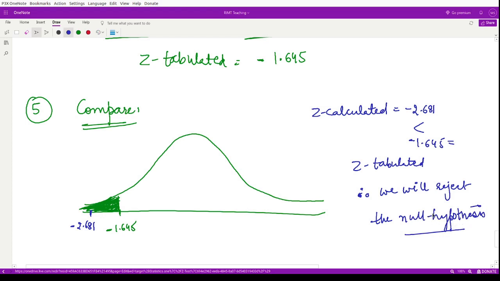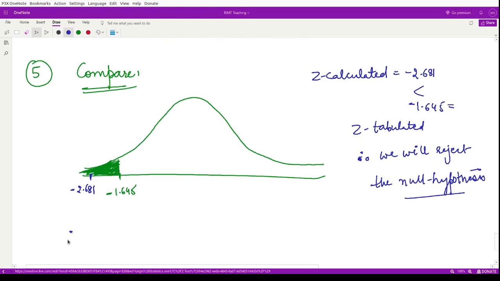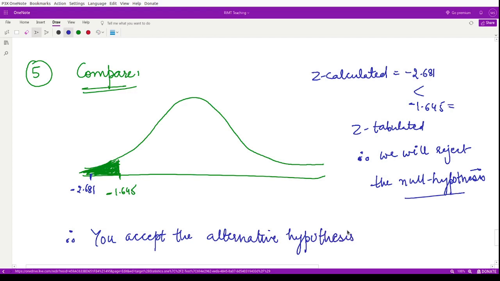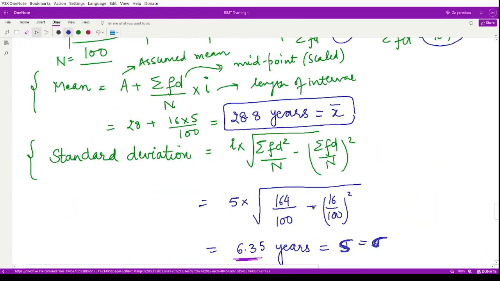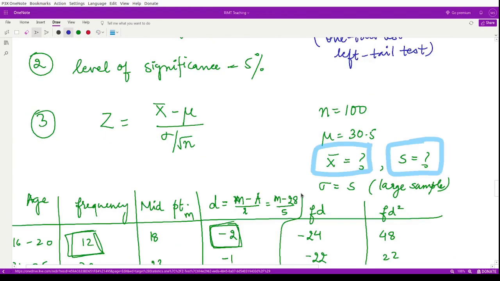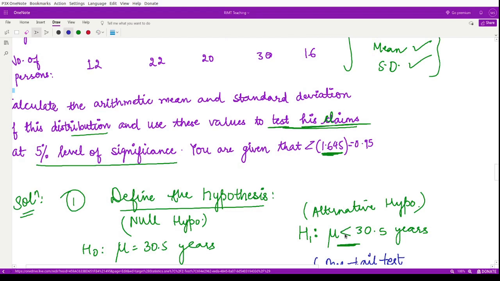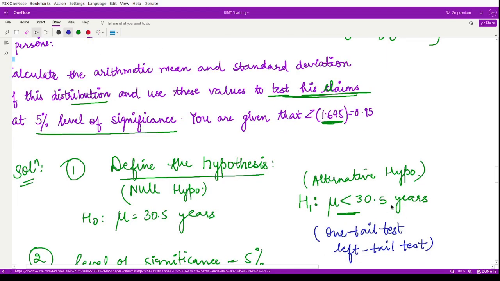If you reject the null hypothesis, you accept the alternative hypothesis. So what is the alternative hypothesis? The alternative hypothesis states that mu is less than 30.5 years.